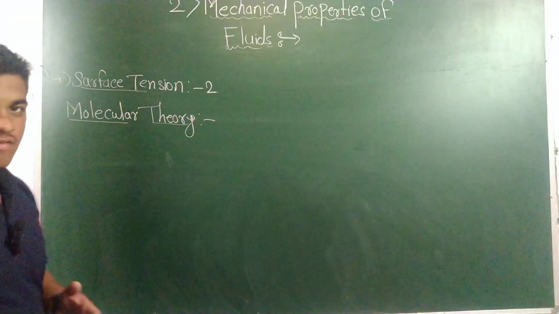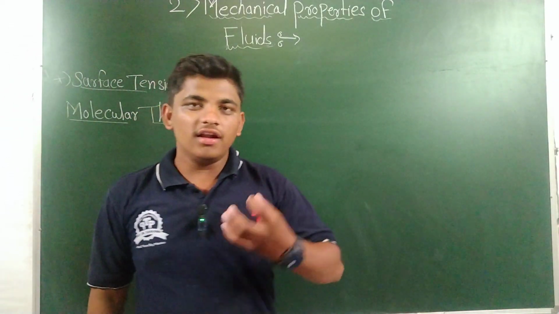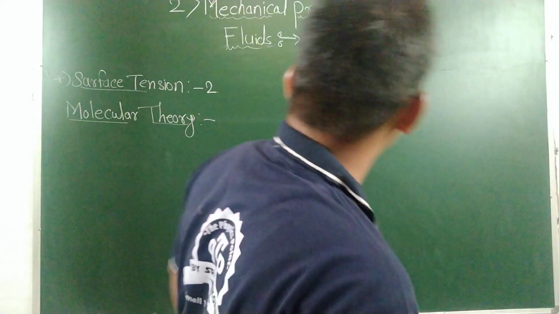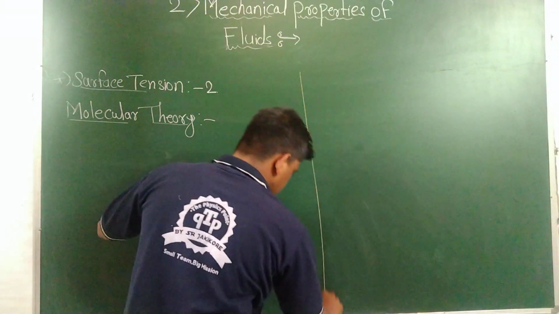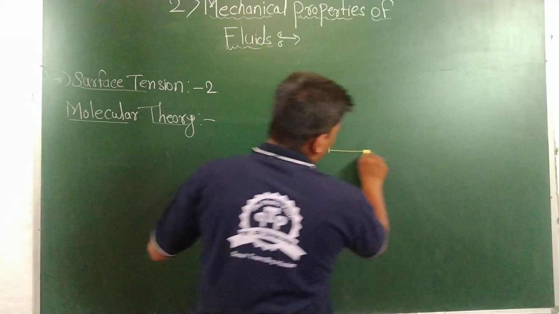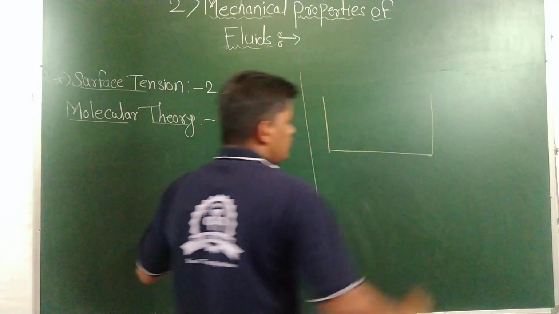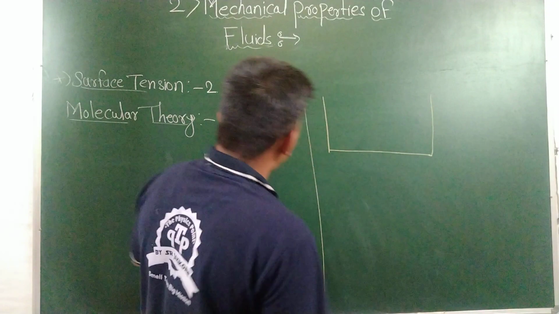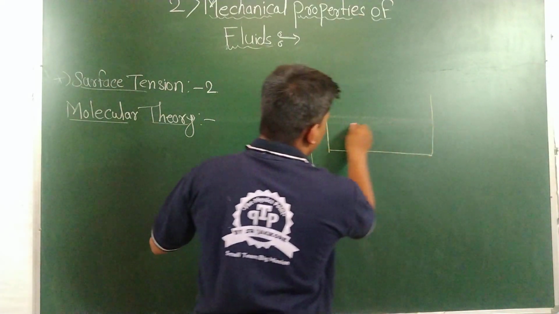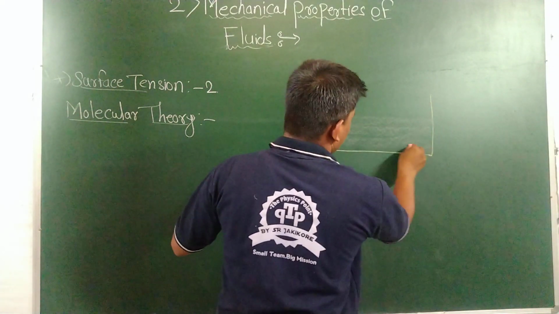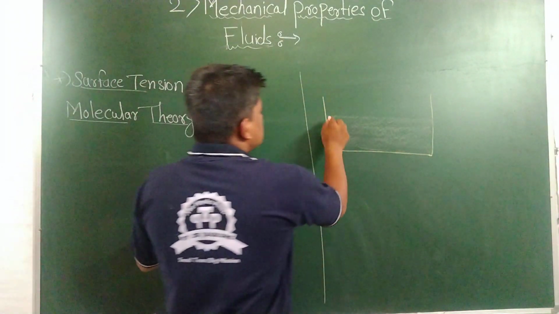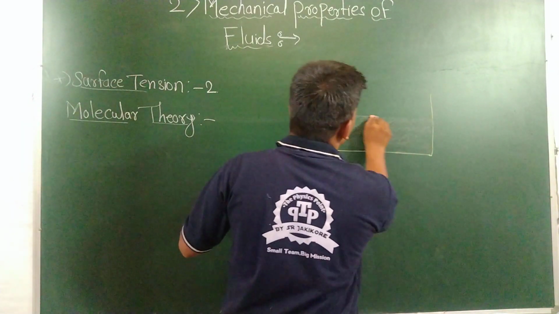Consider a vessel, a container filled with liquid. I will draw it on the board with different colors. Consider this is our container, filled with some liquid, and the liquid color will be different. We take the surface film. What is the surface film?